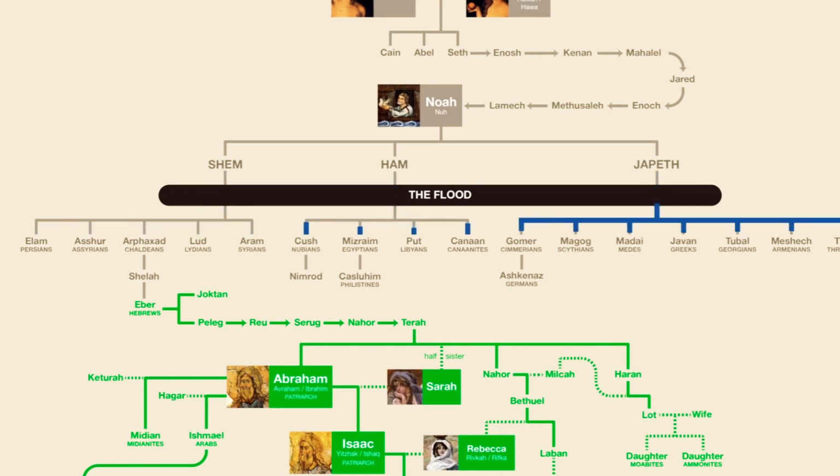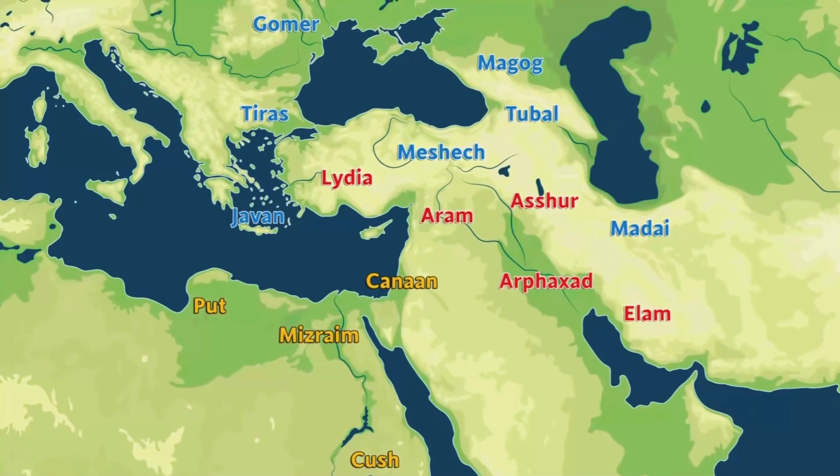So in total, Noah had 16 grandsons. In most cases, the names of those 16 grandsons match perfectly with the names of nations that existed in the Middle East during the time when the Bible was written. So on this map are 5 sons of Shem, shown in red, 4 sons of Ham, shown in yellow, and 7 sons of Japheth, shown in blue.